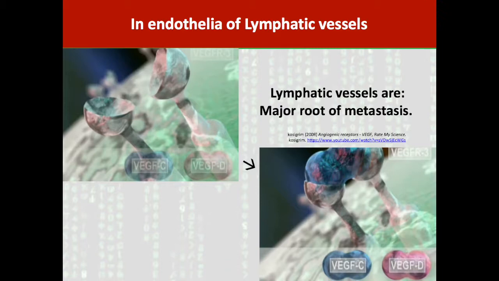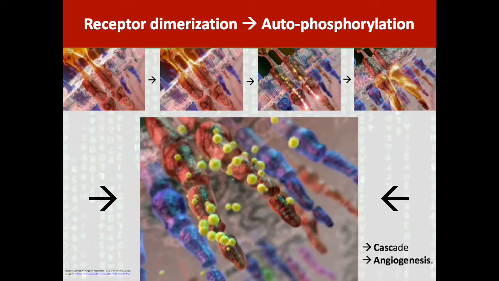The lymphatic vessels are a major route of metastasis. After the receptors bind with their ligands, that causes receptor dimerization, then receptor autophosphorylation, then the signaling pathway cascade goes further down, which leads to the phenomenon of angiogenesis.